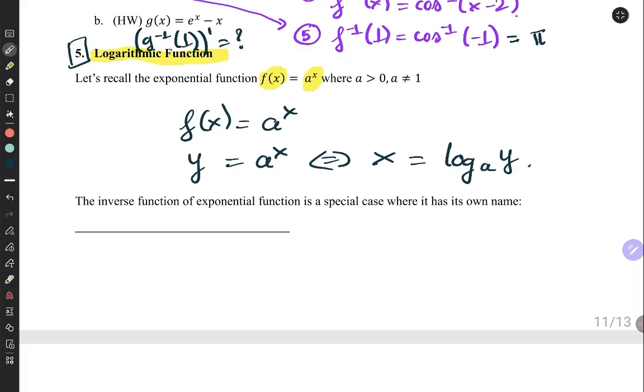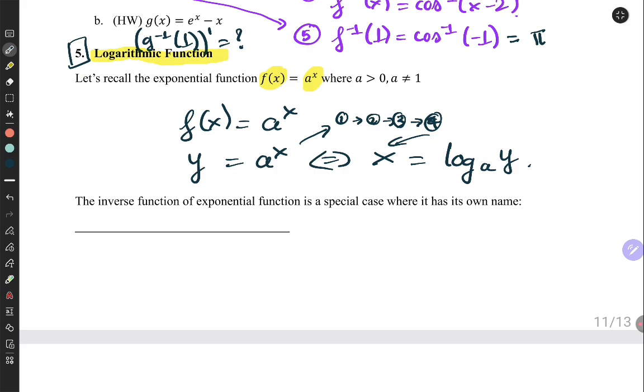And from here to here, we're supposed to do 4 steps to find the inverse function. Remember, find the inverse function. The logarithm function is special. We're going to go to the result right away and skip those 4 steps. You're supposed to do 1, 2, 3, 4, then you end up with this.